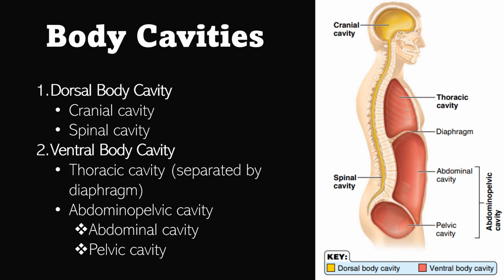The dorsal body cavity is subdivided into the cranial cavity and spinal cavity, and the ventral cavity has subdivisions: the thoracic cavity, which is separated by the diaphragm, and the other one is the abdominopelvic cavity. The abdominopelvic cavity contains two types of cavities: the abdominal cavity, where all the abdominal organs are, and the pelvic cavity.